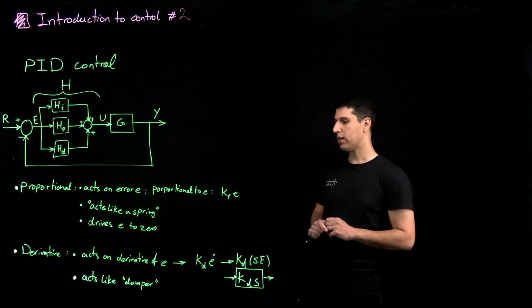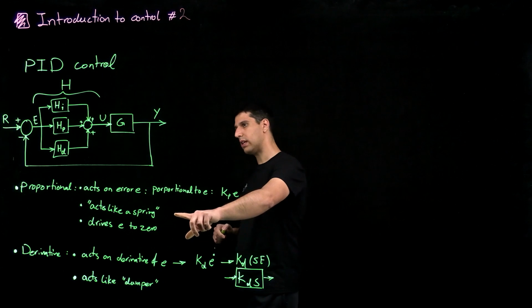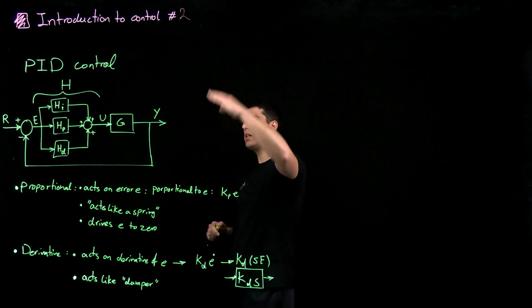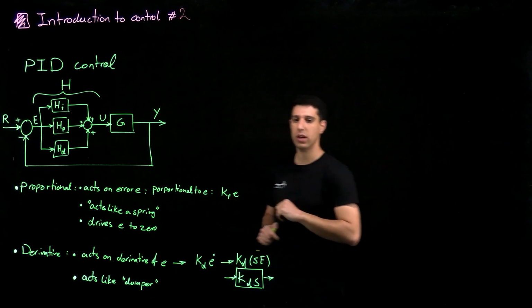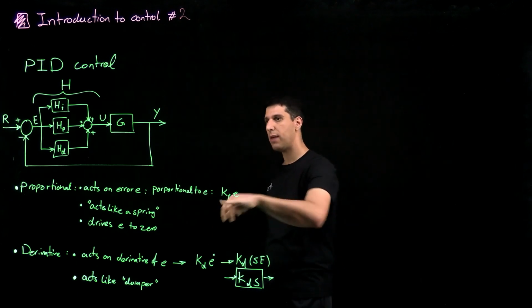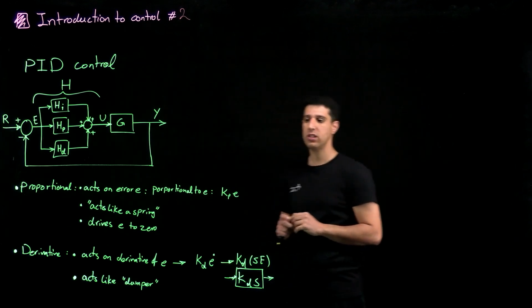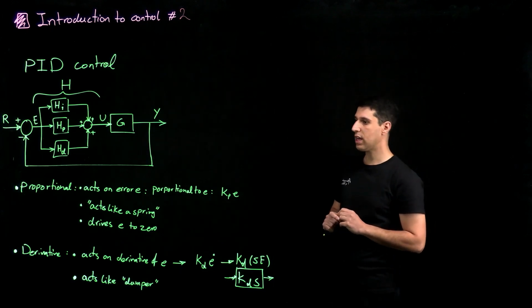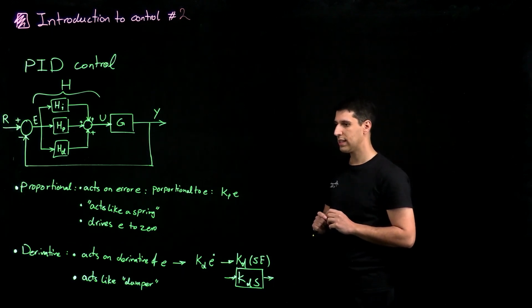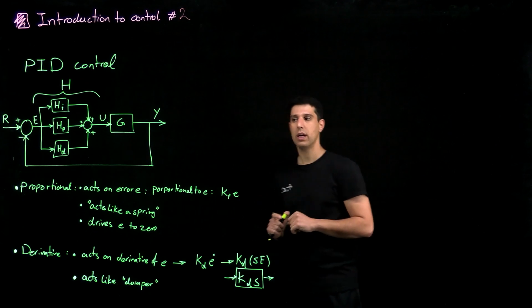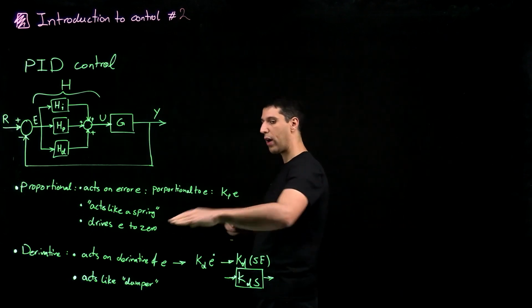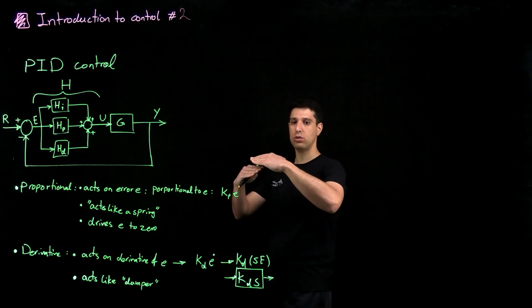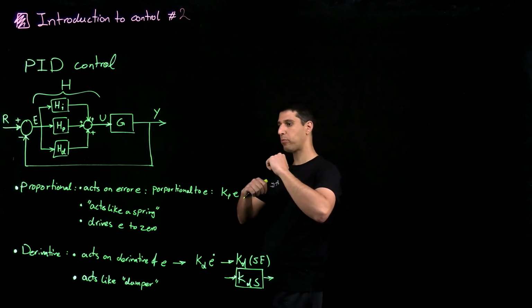The other effect, or maybe I should have mentioned this, that by increasing, let's go back to here. By increasing Kp, you essentially make your system more sensitive to errors, and two things happen. One is your output will become closer to the reference value.